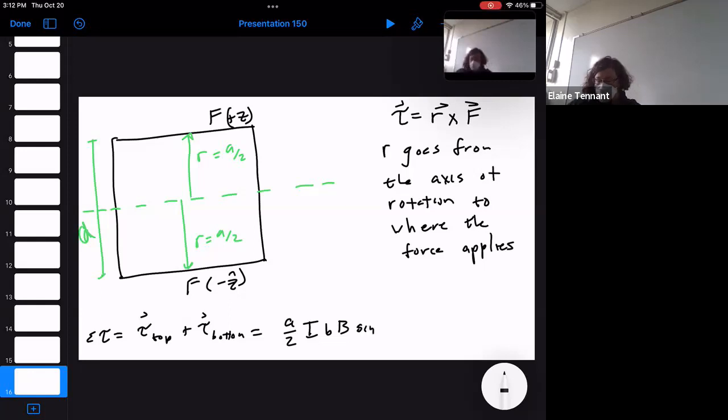So for the top, the radius goes in the positive y, the force goes in the positive z, the angle between them is going to be 90. And for the bottom, we actually get the same thing. Same radius, same force. Now my radius points down and my force points into the board. That's still perpendicular to each other.